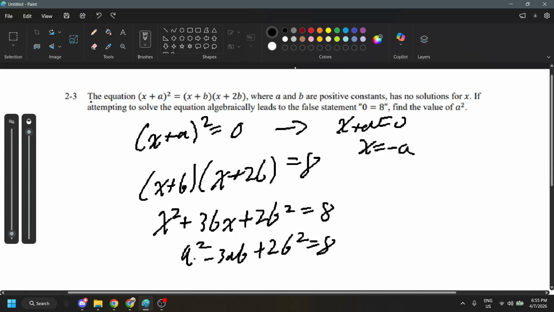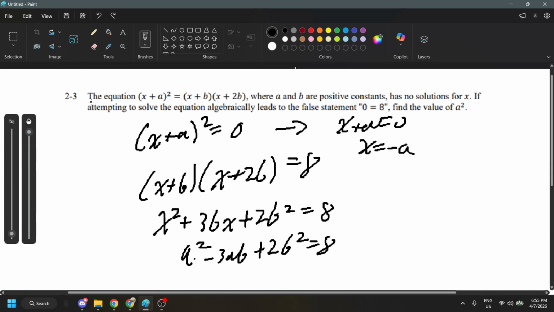Even though we know that it's 0 and it's 8, we have three variables, but we only have two equations, so we just can't solve it, I don't think.